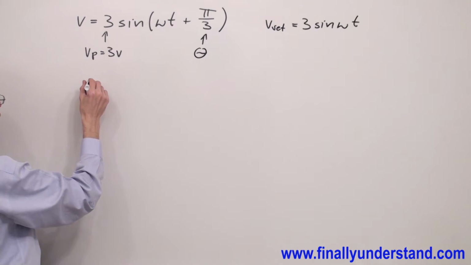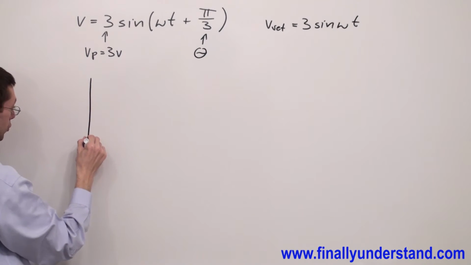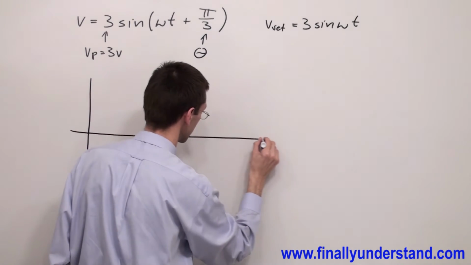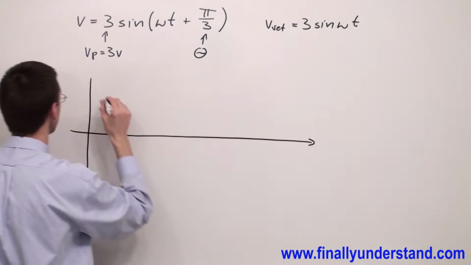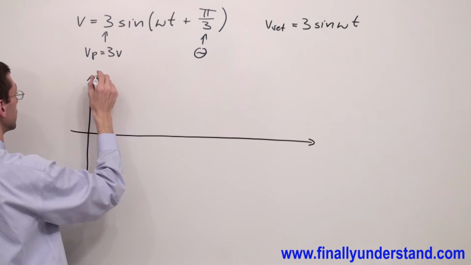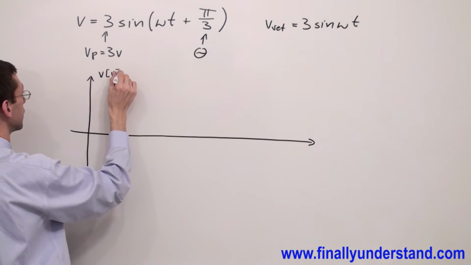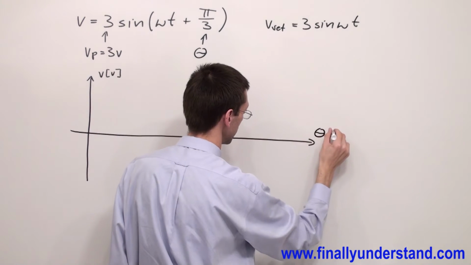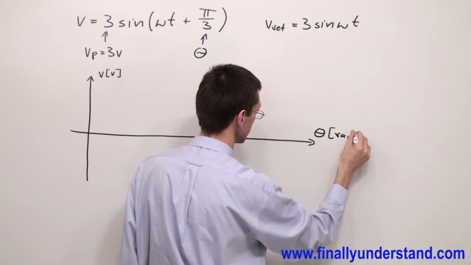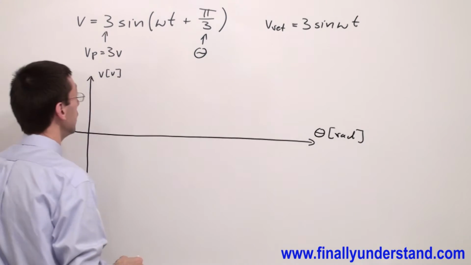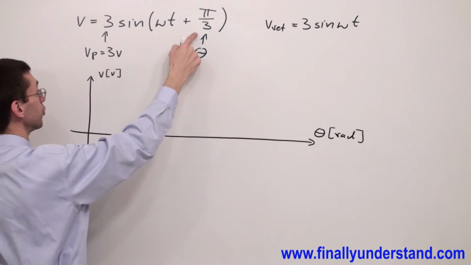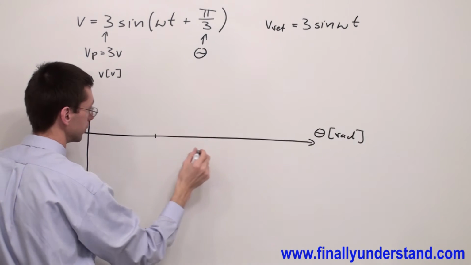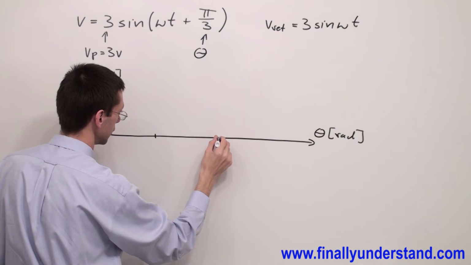Next, I'm going to draw the graph. The y-axis is my voltage in volts, and my x-axis is my theta in radians. Because I'm dealing with radians, I'm going to put my angles in radians.